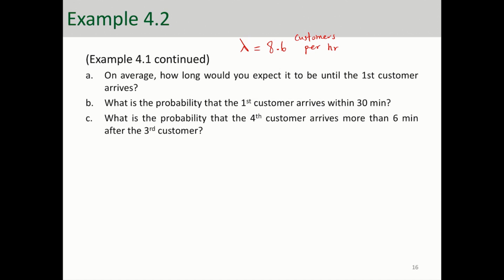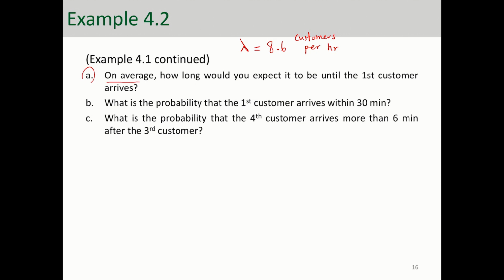So coming to the bank, 8.6 customers per hour, and now we're going to look at these three parts of this example where we're focusing on exponential, because for the most part it's talking about the time between arrivals. So first, on average, how long would you expect it to be until the first customer arrives?